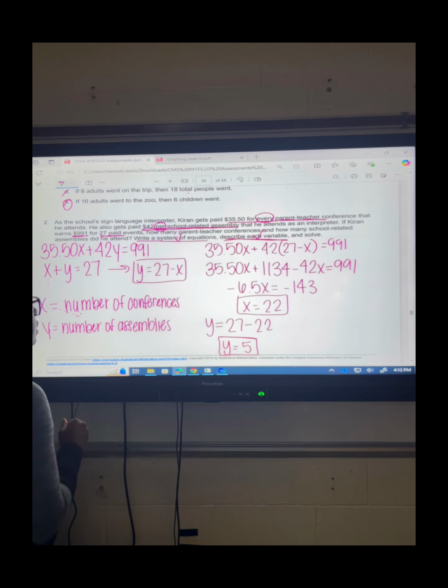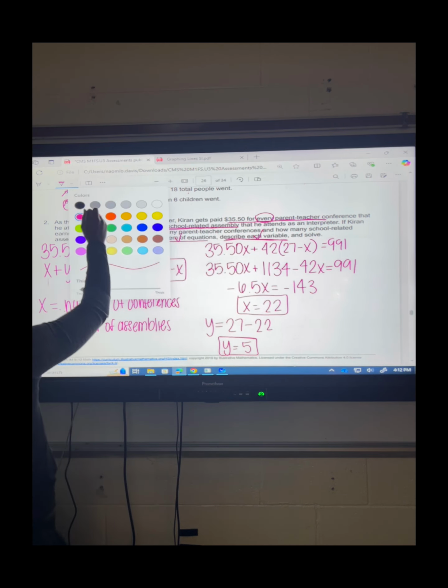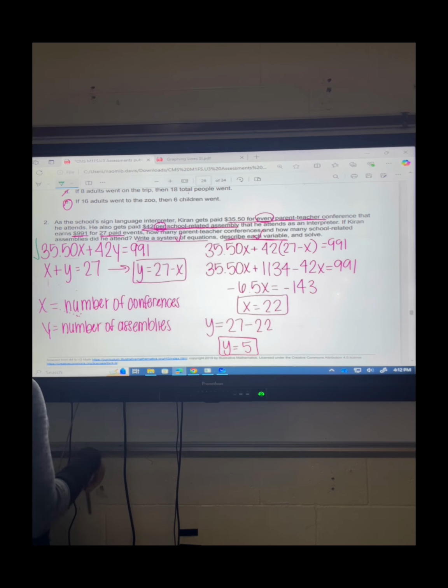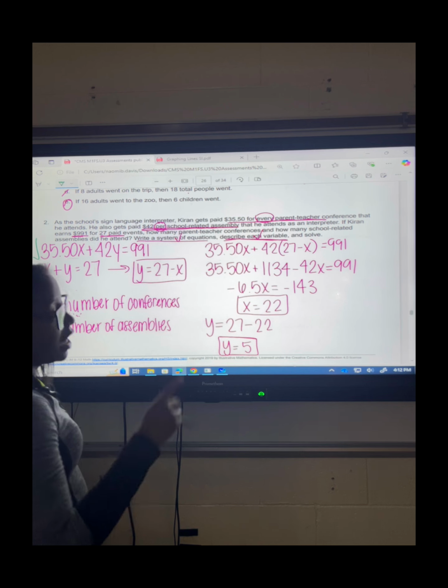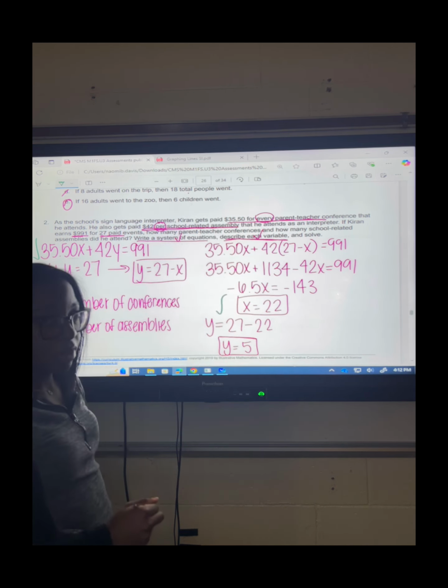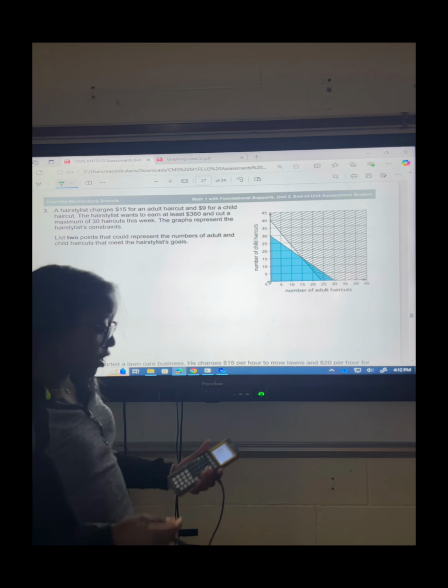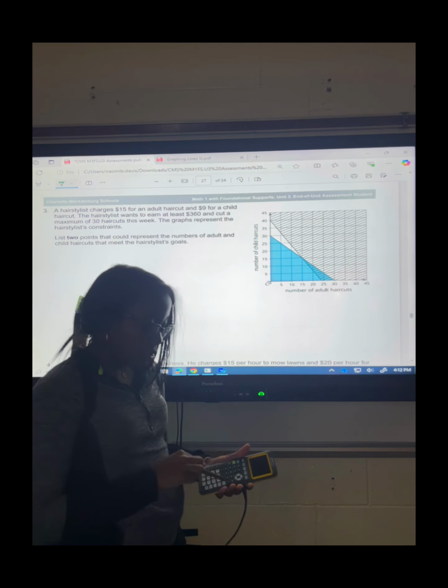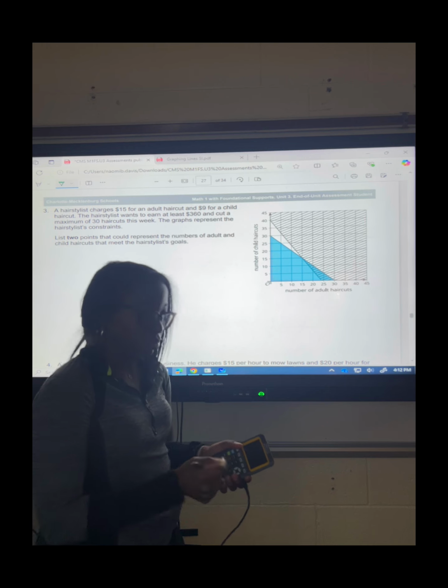You cannot complete this problem without, number one, writing the systems of equations. You cannot complete the problem without describing your variables. And you can also not complete the problem without solving for X and Y. Okay? And remember, if you're watching this video and you don't understand something, you need to be hitting my phone.